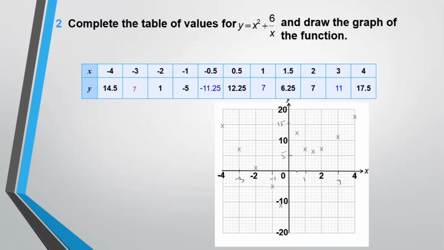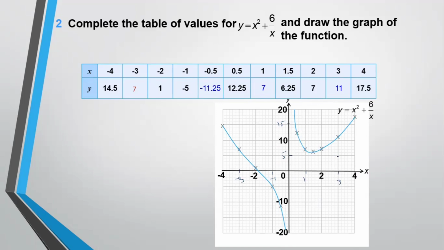So we have here 1 and 7, then you have 0.5 and 12.25, 2 and 7, 3 and 11, 4 and 17.5. Let us draw the freehand curve over here. And this is how our reciprocal graph is ready for y is equal to x square plus 6 upon x.